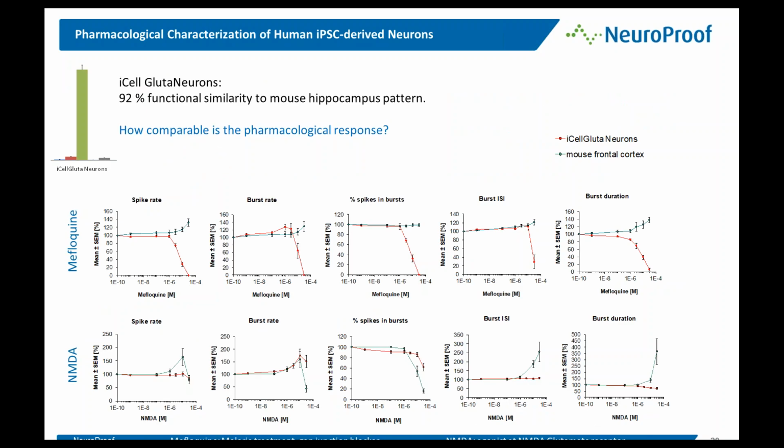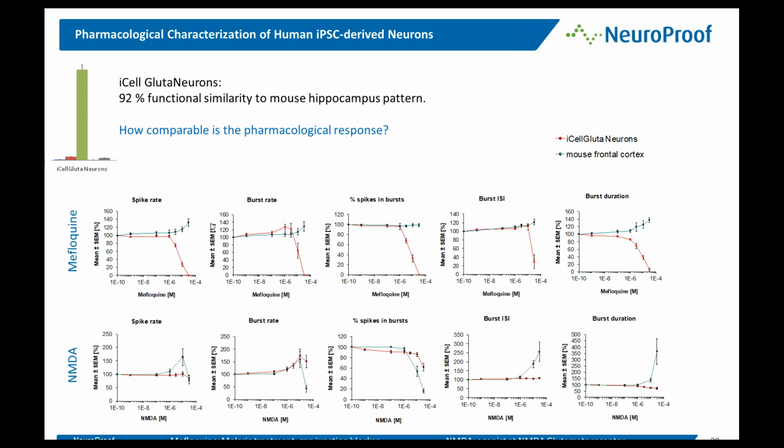Now, how does it come from the pharmacological response? So if we know that iCell GlutaNeurons have a more than 90% functional similarity to mouse hippocampus pattern, do they also compare pharmacologically? And here we have two examples of compounds. It's methoquine and NMDA.